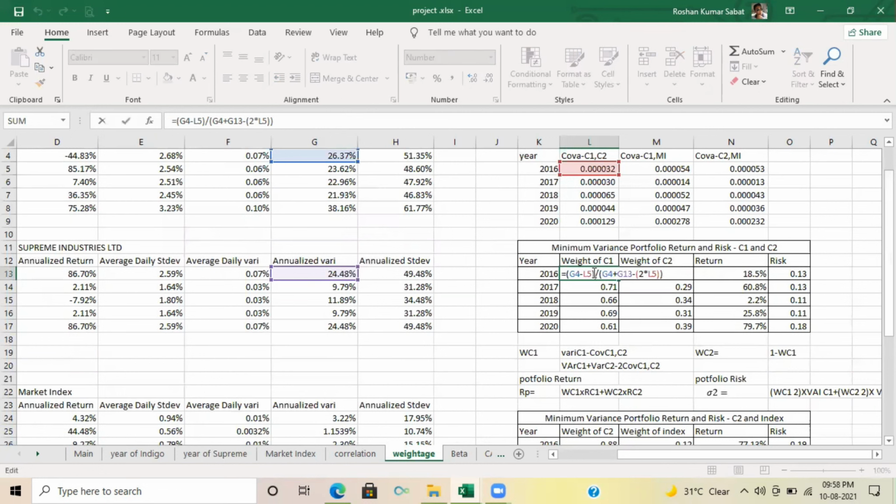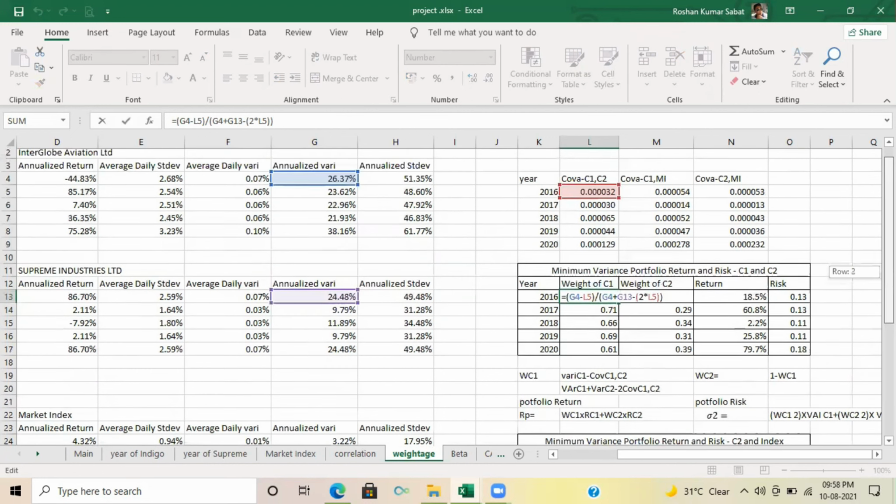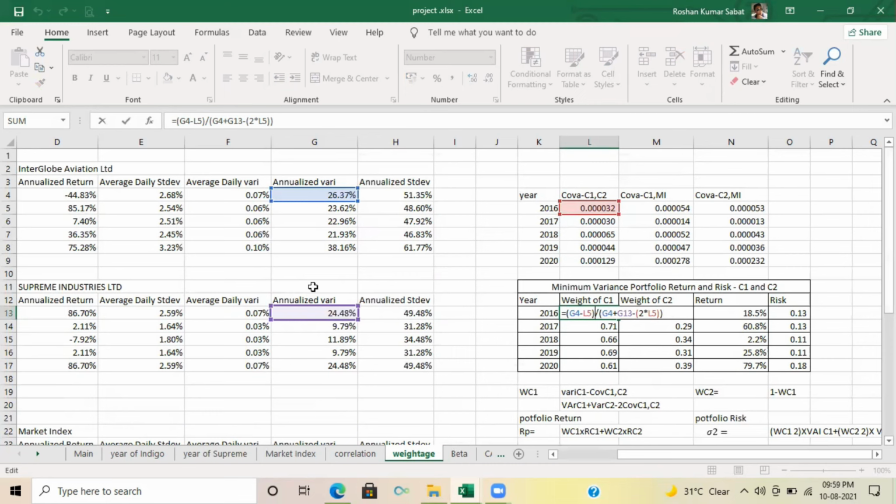For that, put the formula over here. The variance of C1 is the annual variance. You have to remember that we have to calculate it annually, that's why we select the annual variance. Annual variance of C2 minus the covariance of C1 and C2, divided by annual variance of first plus annual variance of second minus 2 into covariance of first and second.